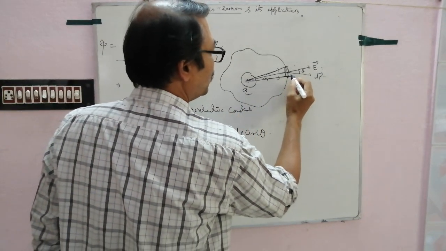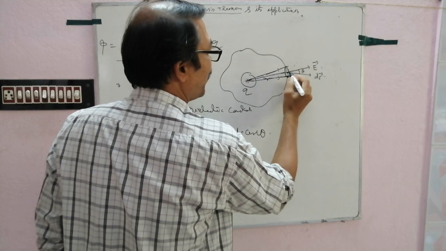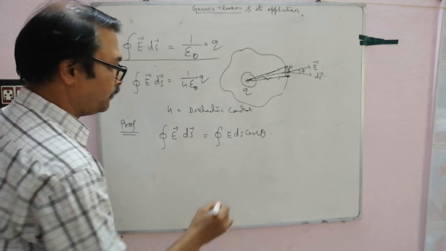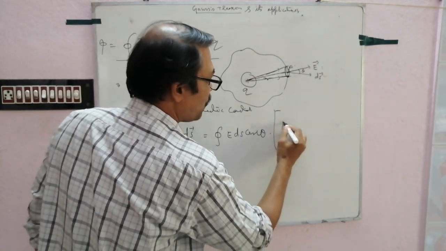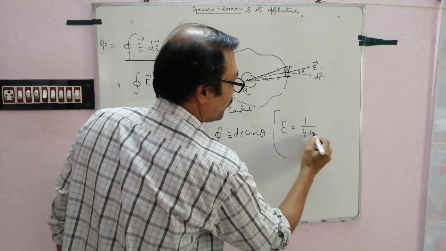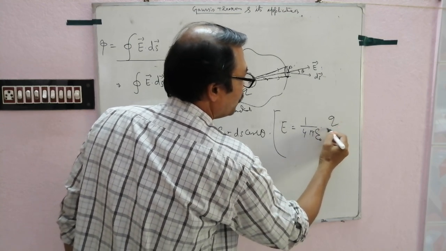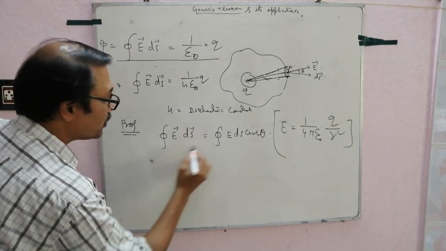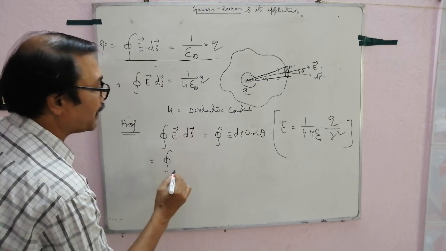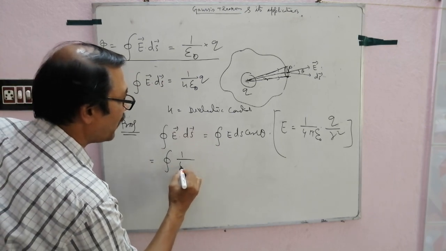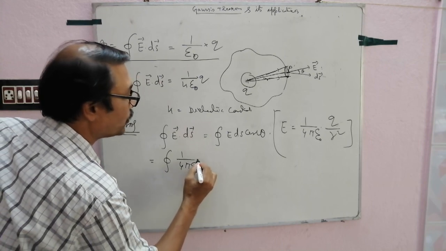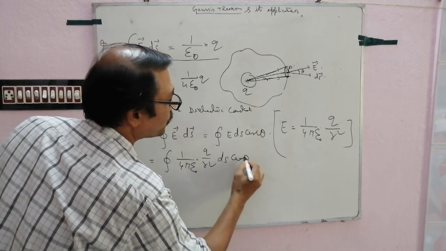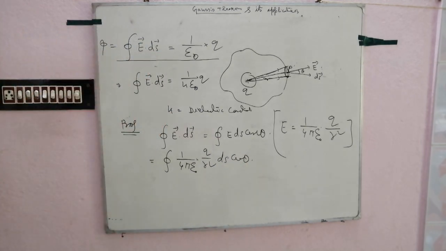According to Coulomb's law, the field at this point, suppose this point is P, the field at this point E equals 1 by 4 pi epsilon naught q by r square. Put this value, phi equals 1 by 4 pi epsilon naught q by r square ds cosine of theta. Clear?